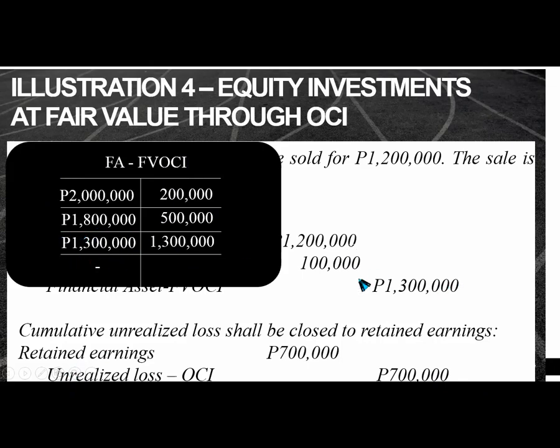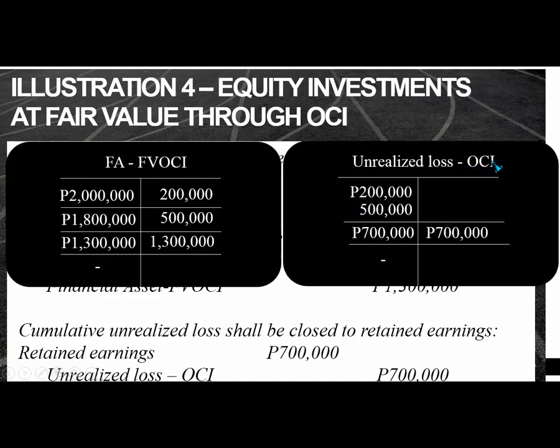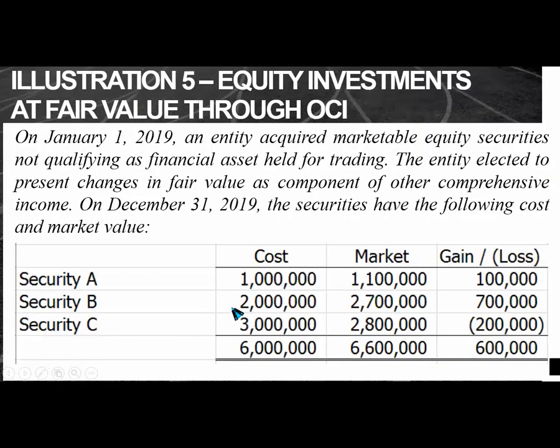With this entry, you are crediting 1.3, so our account is zeroed out. For the unrealized loss OCI, the 700,000, since we credited it here, it is also zeroed out. In that case, the unrealized loss OCI account is closed.